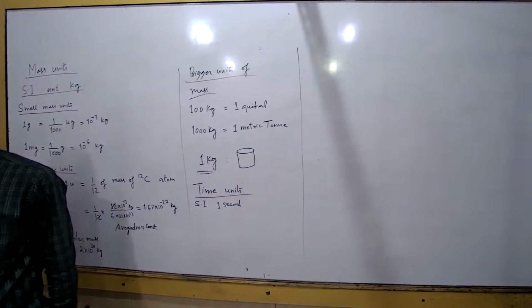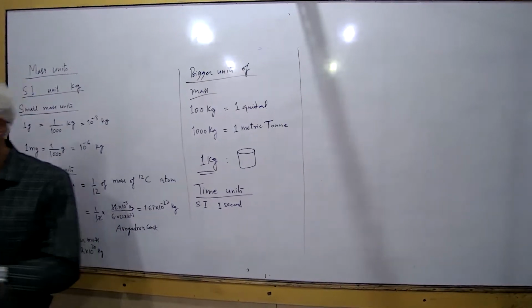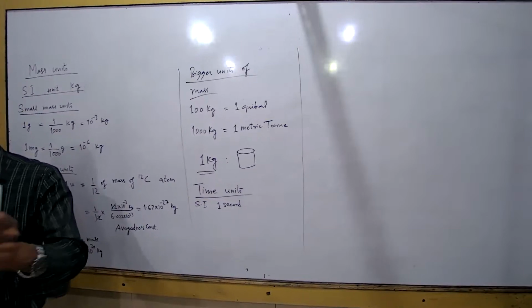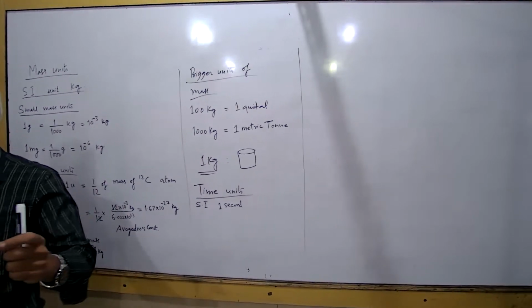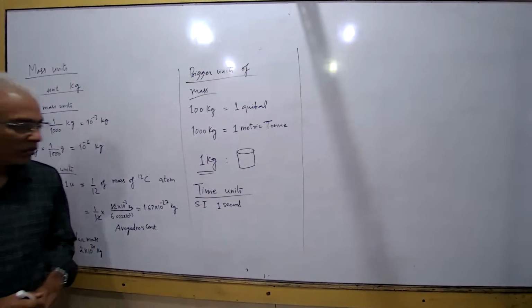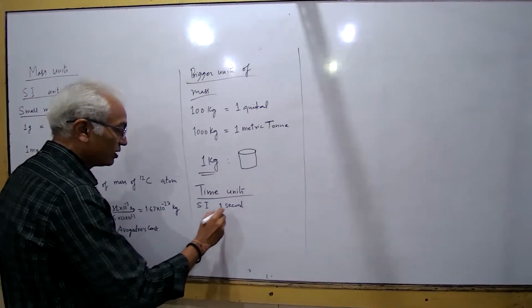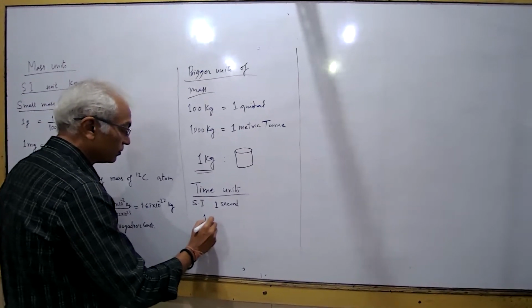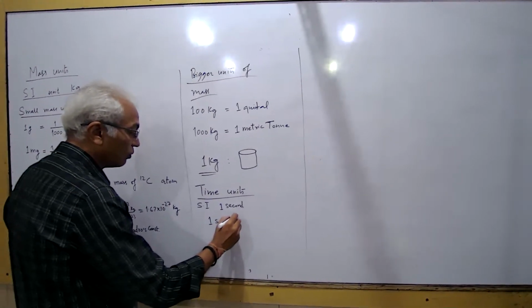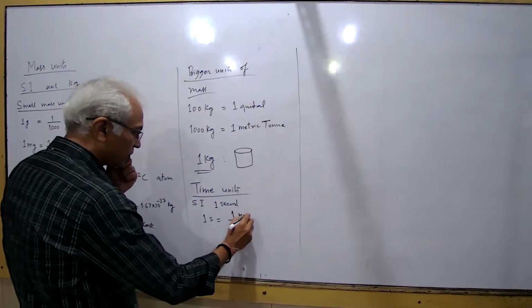It's not. So that's why the duration is called the mean solar day. Throughout the year, you measure the duration between two sunrises, and then take the average of it. So that is called the mean solar day. So how do you define 1 second?